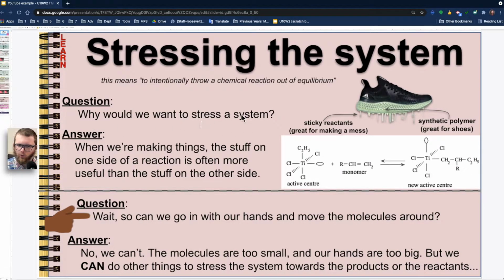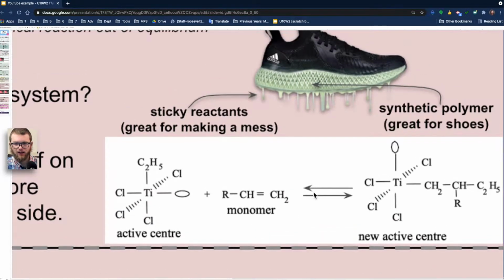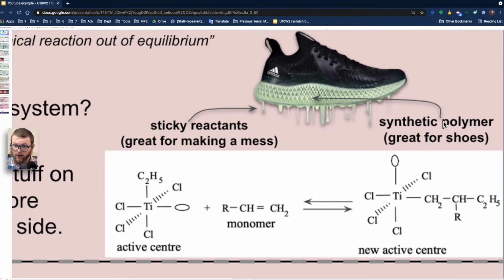So why would we want to stress a system? Well, when we're making things, the stuff on one side of a reaction is often more useful than the stuff on another side. For example, if we look at the synthesis of synthetic polymer, which is a great material for shoes, we can get that in a reversible reaction with these kind of sticky reactants.